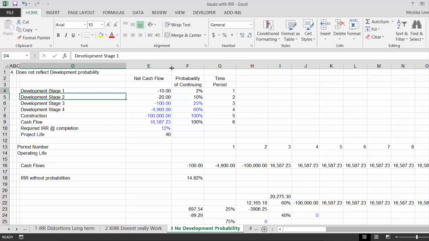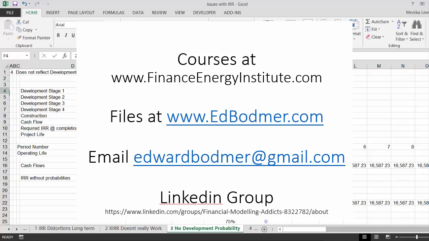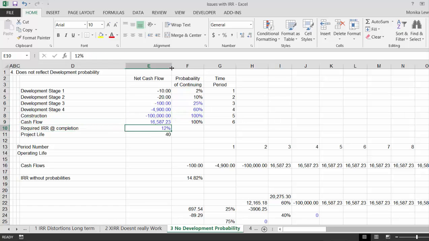And at first we'll do it the IRR from the beginning. So we start with the development stage, we need a whole lot higher than 12% because we have these probabilities of not continuing. So how much does this probability of not continuing, how can we convert that into an IRR at the start date?